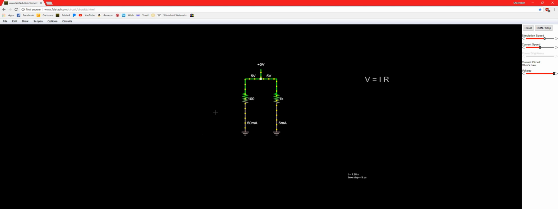Now, as you can see, the yellow dots, which represent current, are flowing faster through one of them and slower through the other. That's because this resistor is higher, so the current is encountering more resistance. The electrons are being pushed back harder on this side than they are on this side. So more electrons will flow through this branch than through that one.